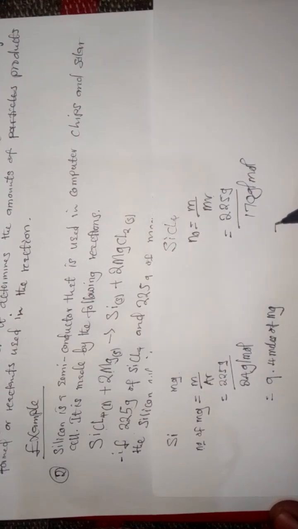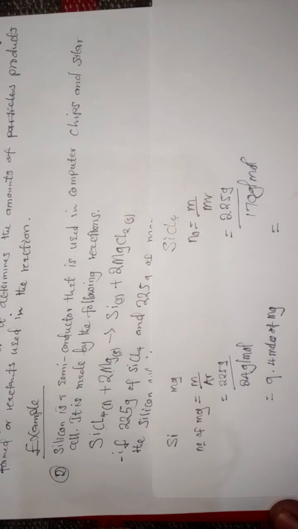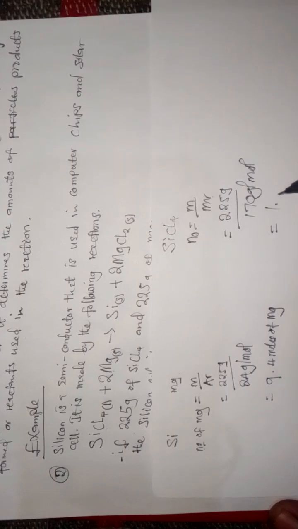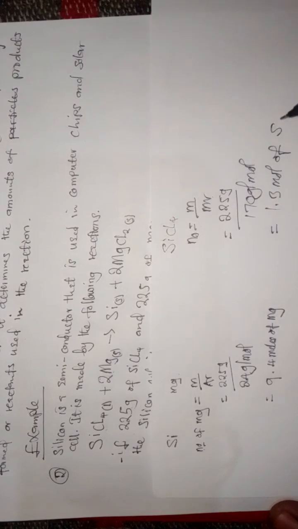Then how do we find the number of moles? We divide, and our answer will be 1.3 moles of silicon chloride.